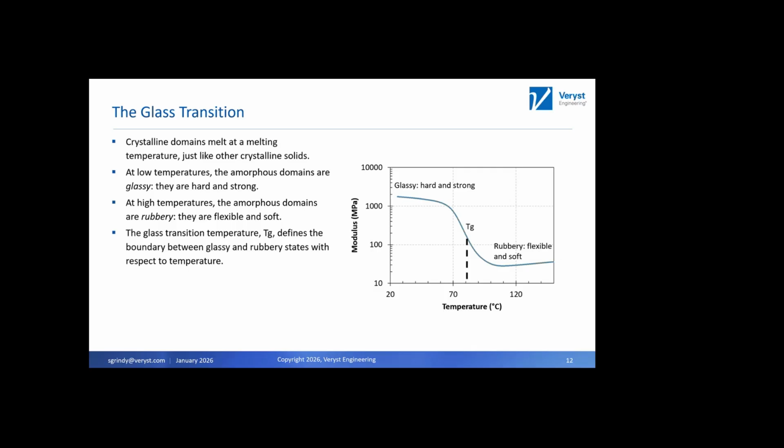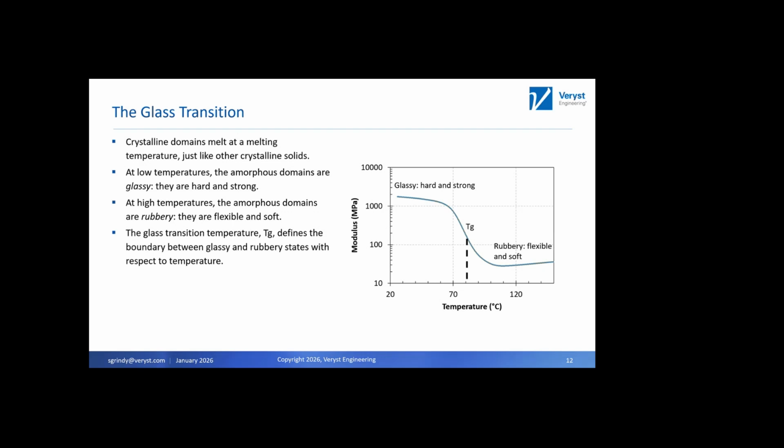You don't really need to think about that in much more detail than that. But the amorphous domains, where there's not strong local ordering of the polymer chains, are glassy. They're hard and strong. But at high temperatures, the amorphous domains become rubbery. They're flexible and soft. And the glass transition temperature defines that boundary between glassy and rubbery states with respect to temperature.